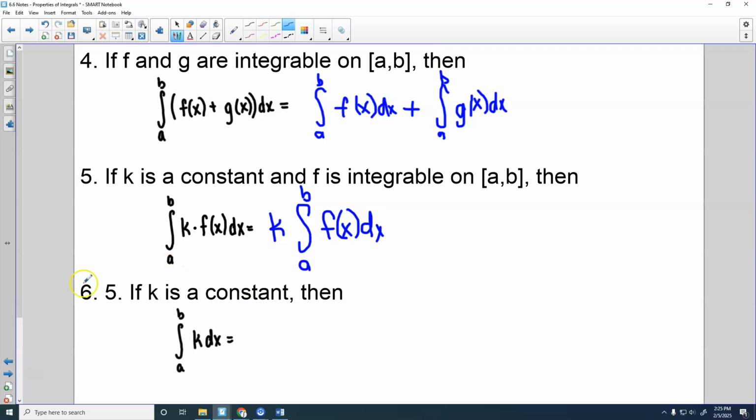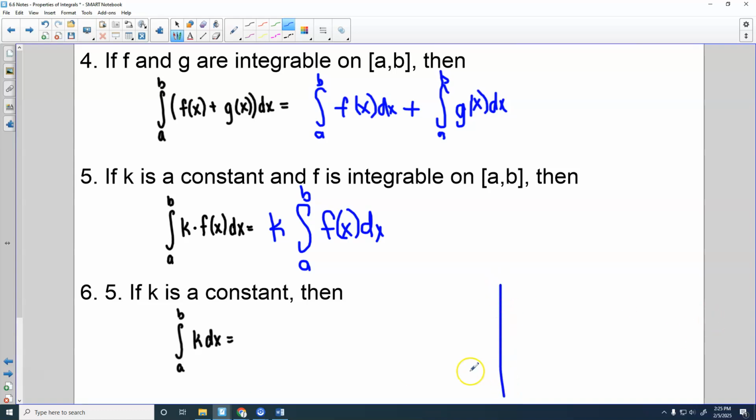Okay, and our last one is that if k is a constant, then the integral from a to b of k dx is going to equal, any ideas on this one? It's not just b. That's going to be part of it.